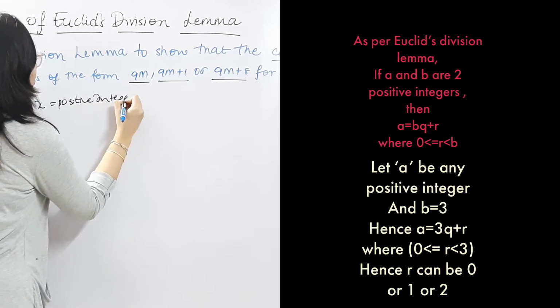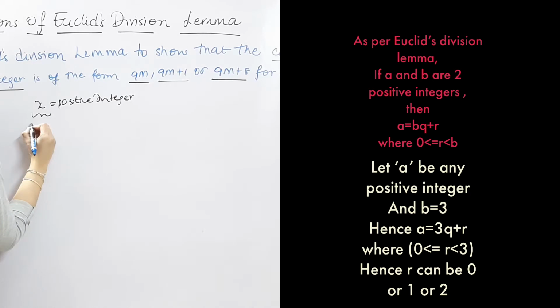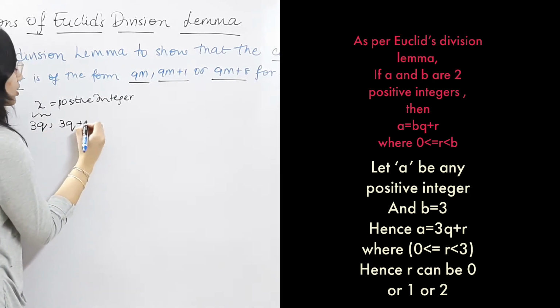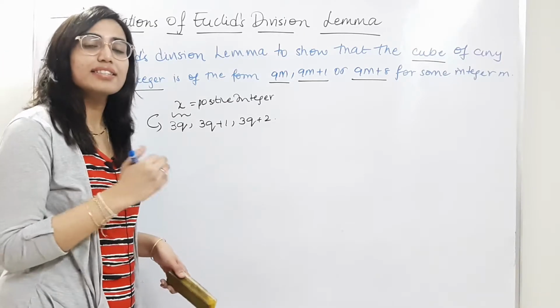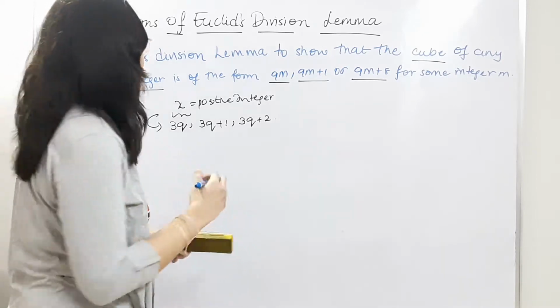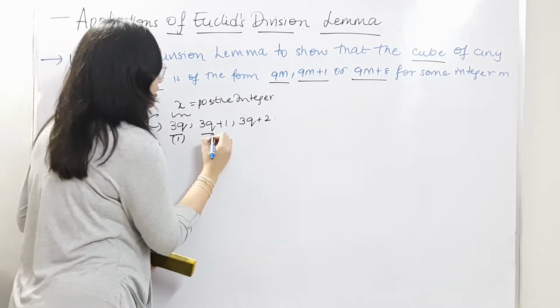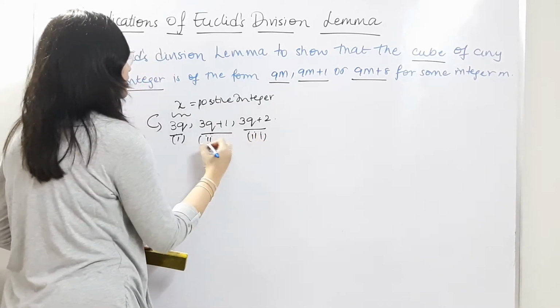Okay, and based on this statement, can you say that x can be in the form of either 3q or 3q plus 1 or 3q plus 2? And these are three cases. Now let's see case 1, case 2 and case 3.